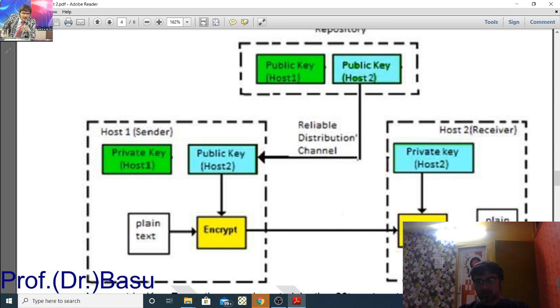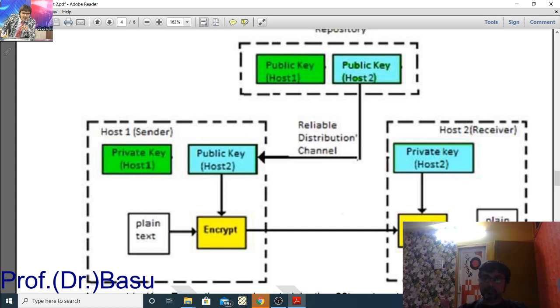It will pass the message through a secured channel. On the opposite side, the receiver will use its private key. It is totally private and secured by the receiver. The receiver will use its private key to decrypt the message, and eventually the receiver will get the plain text.